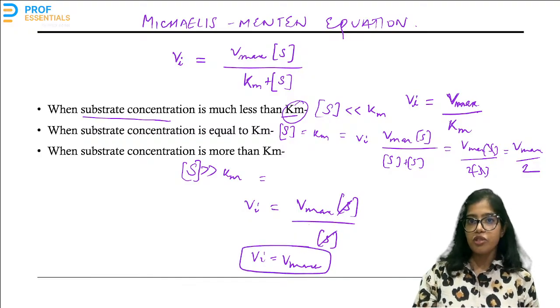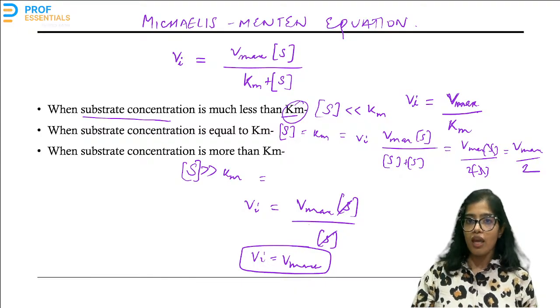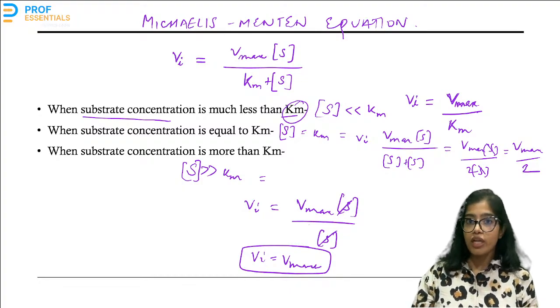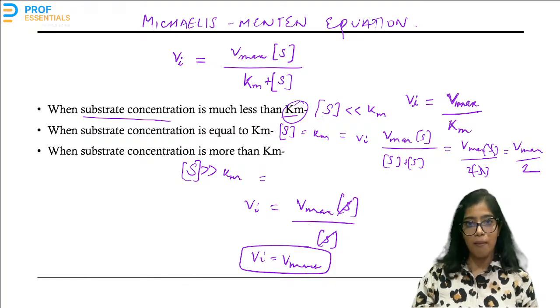Okay, when the substrate concentration is equal to Km, then the Vi is equal to Vmax by 2. Okay, and when the substrate concentration is much less than Km, then the velocity is Vmax by Km.